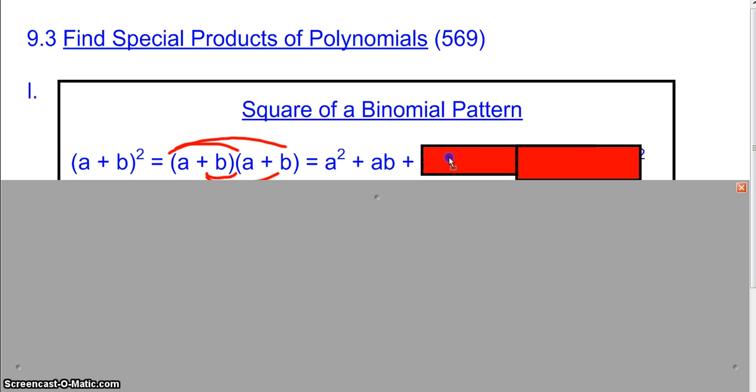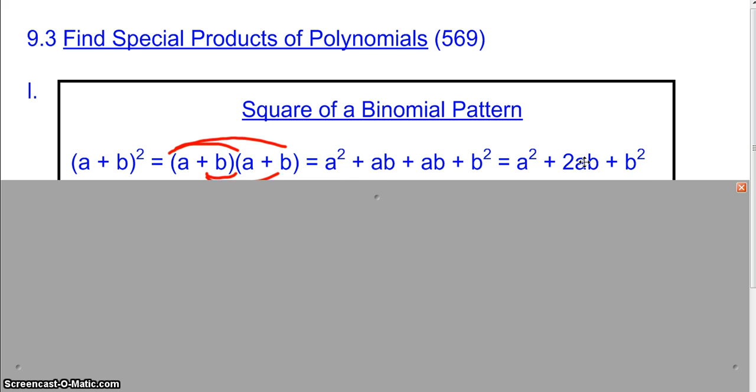So we have ab happening twice, don't we? And then the last terms give us b times b, or b squared. So are there any like terms here, Jack? ab, how many do we have? 2. So we could say a squared, good, plus 2ab plus b squared.